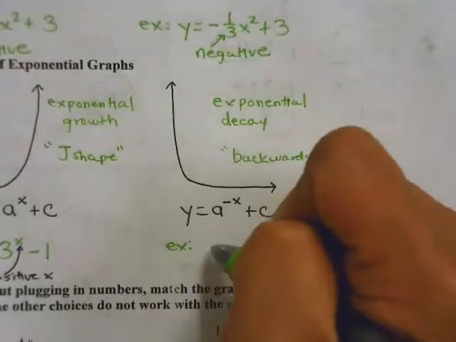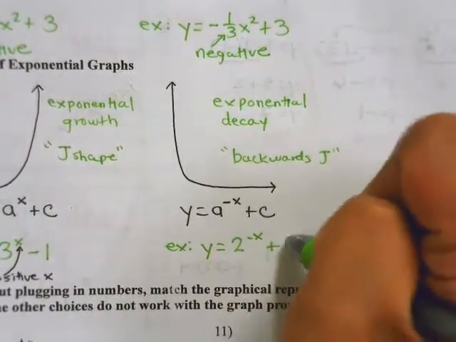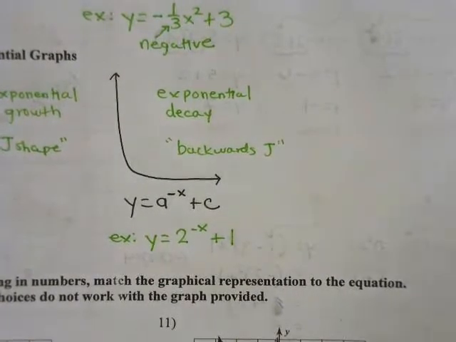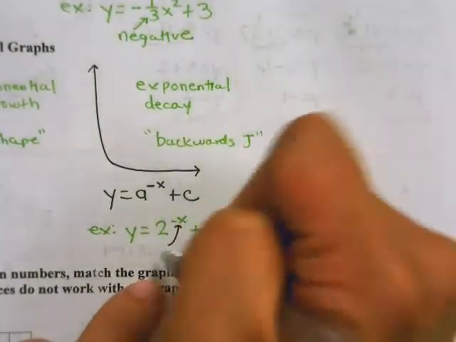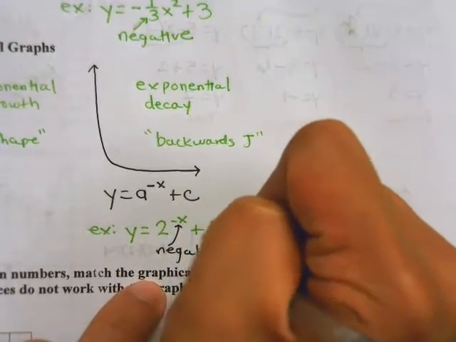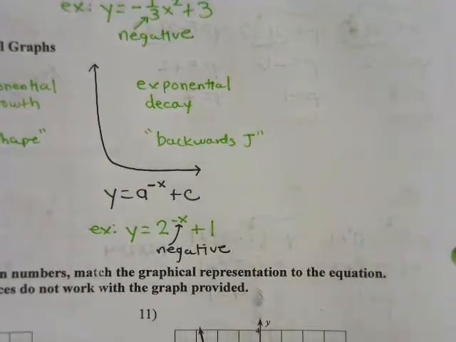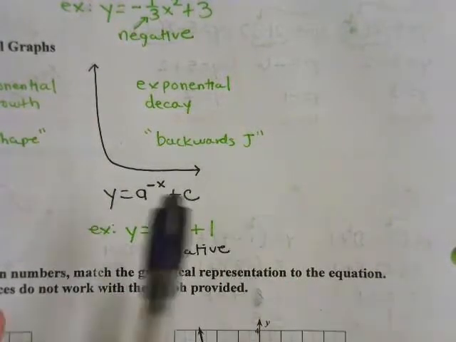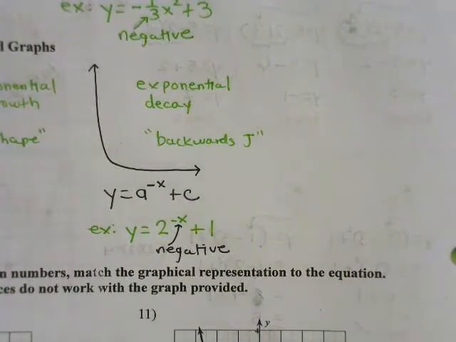Maybe this one over here could be y equals 2 to the negative x plus 1. Notice, take a look at the exponent. It is negative. So it's a negative exponent. If you see that the equation is a negative exponent, it's going to be an exponential decay, and it will look like a backwards J.